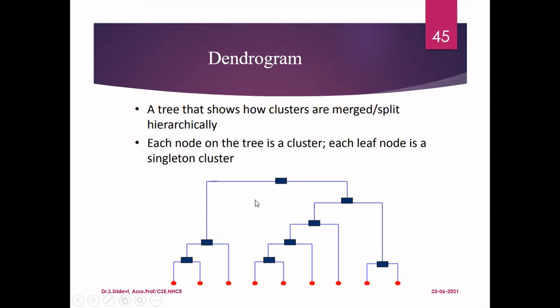But the difference is that a leaf node is called a singleton cluster. A singleton cluster has only one member, whereas the internal rectangular boxes represent clusters with more than one member, so they are not singleton clusters. All are clusters here, but leaf nodes are singleton clusters.